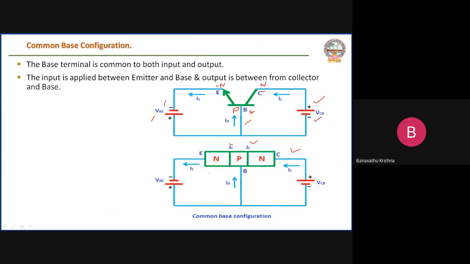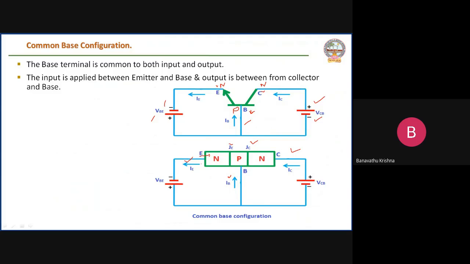By applying this biasing voltage here, the electrons are entering, and the current will be going in the opposite direction. Some of the charge carriers recombine in this particular base region, so we expect a current. That current is nothing but the base current.